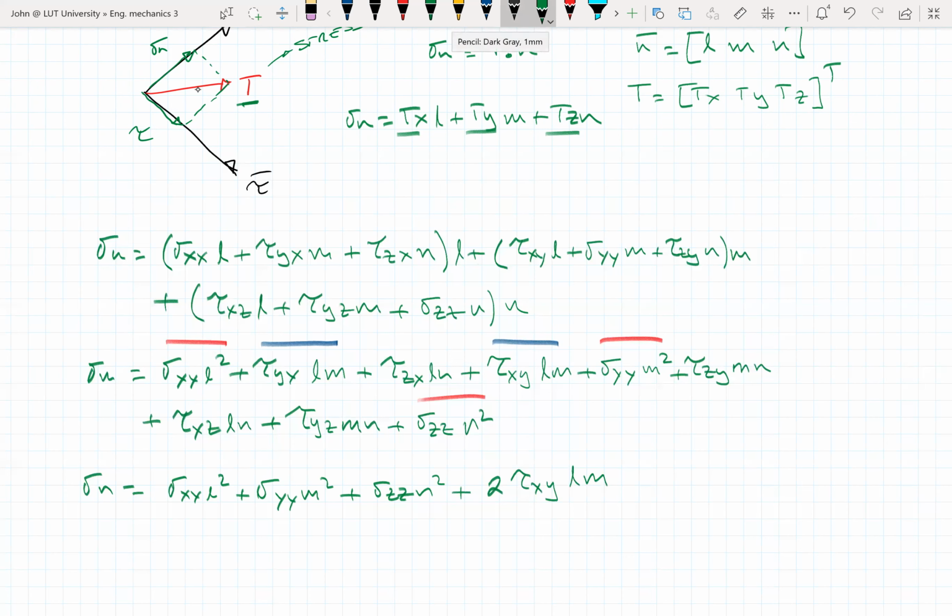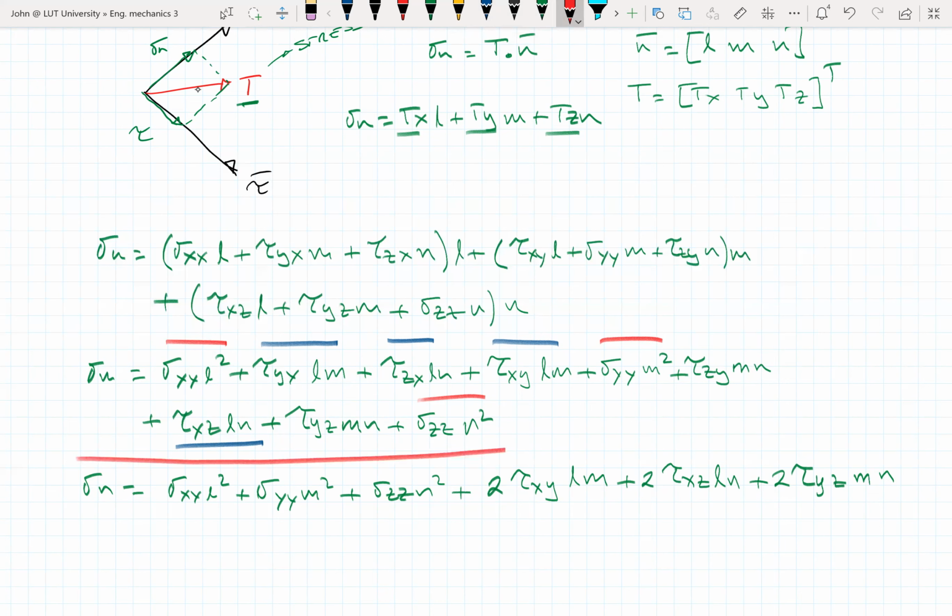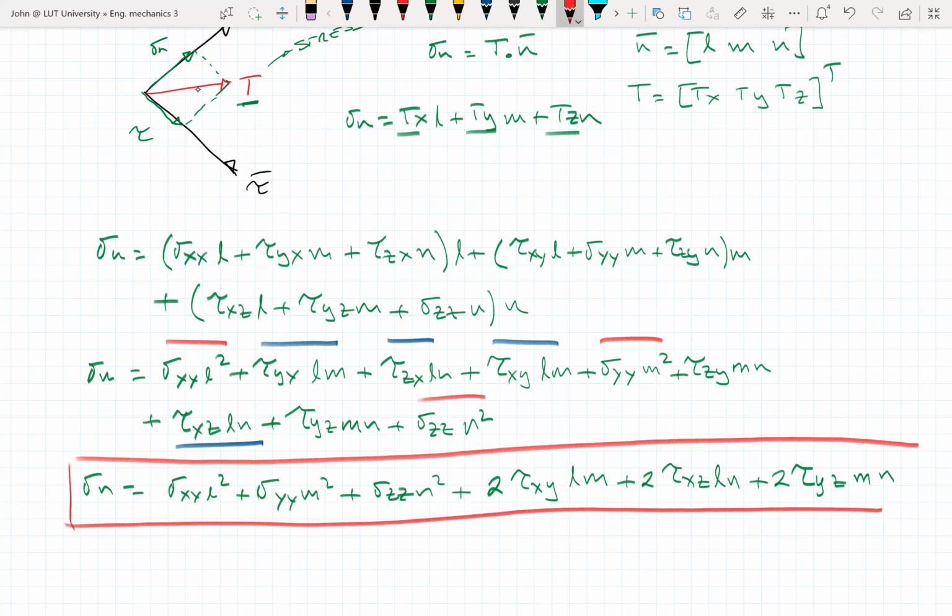Similarly, I can do the same with zx and xz. Plus 2 times tau xz L n plus, finally, 2 times tau yz m n. And if you want to know what's the stress represented on an inclined plane in the normal direction, here you got it.